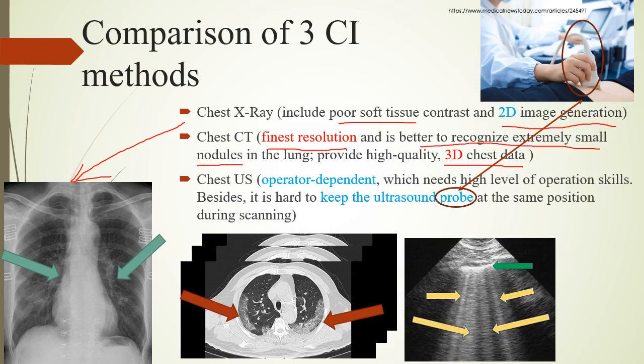Finally, the chest ultrasound is operator dependent. Different operators will produce different outputs, and the ultrasound needs a high level of operation skill, and it's hard to keep the ultrasound probe at the same position during scanning.